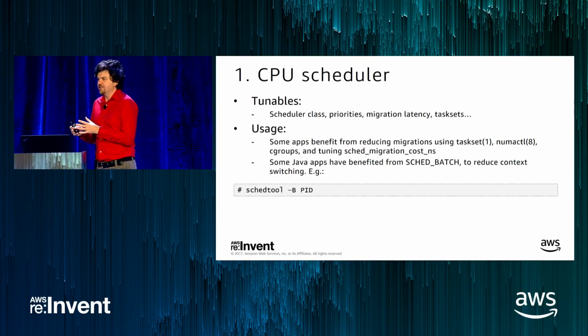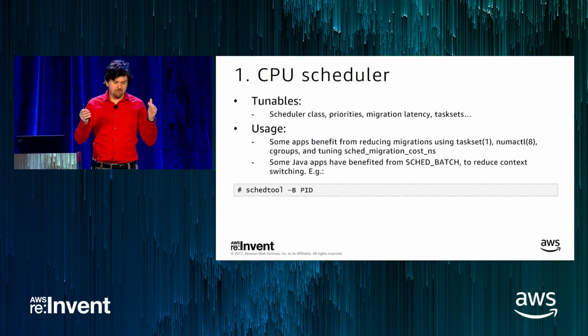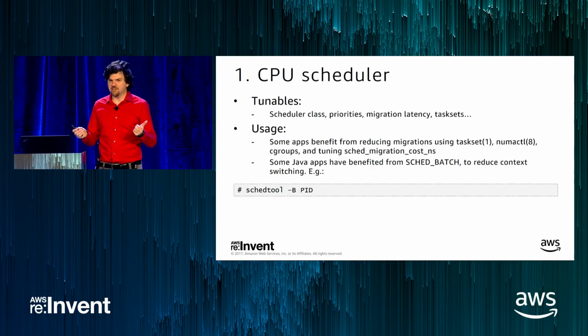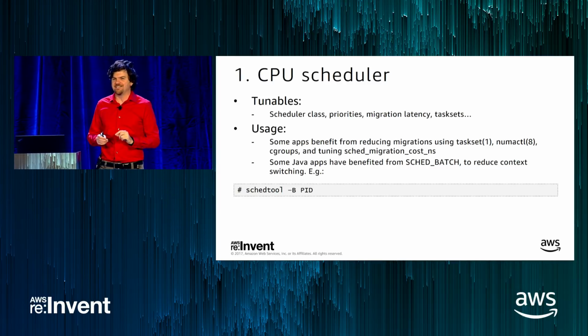I had this last week, where it was a micro benchmark running at 1.7 million ops per second. Sounds good, running across 72 CPUs. I used taskset and I reduced it to only run on one CPU, and then it ran at 3.2 million ops per second.